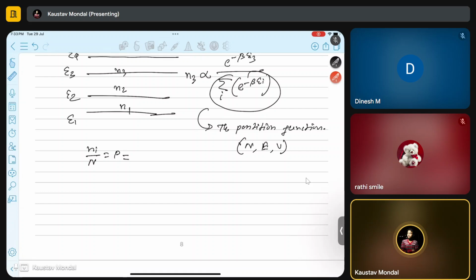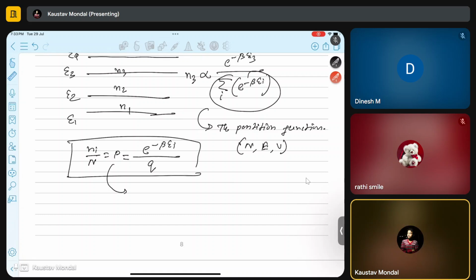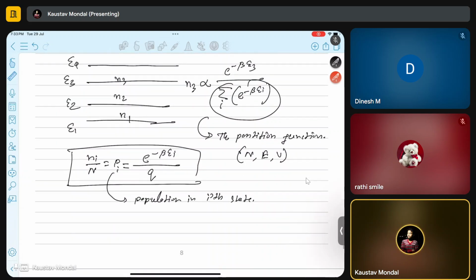You can write it in terms of the partition function as e to the power minus beta Ei by Q. So this is the expression of the population, where P is the population in the ith state and Q is the partition function.